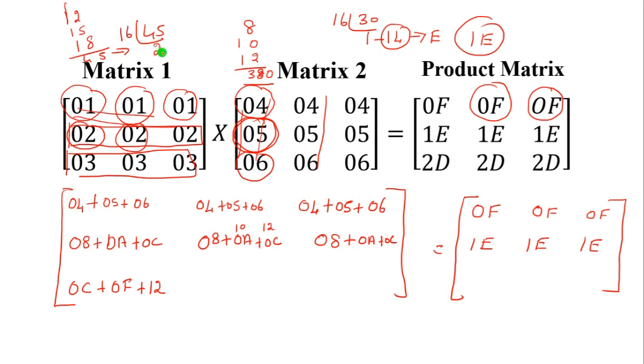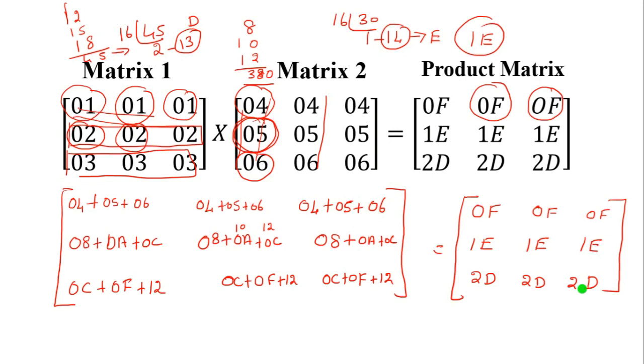That value becomes 2, the remaining value becomes 3, which is equal to d. That's why the result is 2d. Like that we are going to perform the multiplication as well as the addition operation. The result value becomes 2d. This is the final answer of the matrix multiplication.